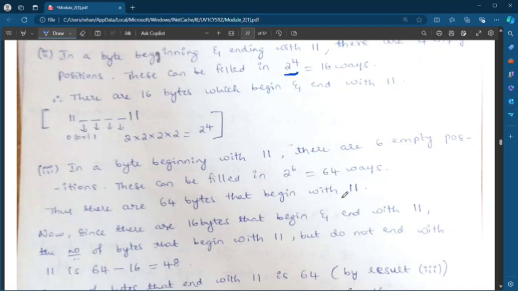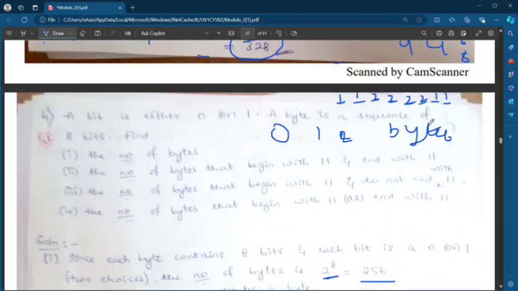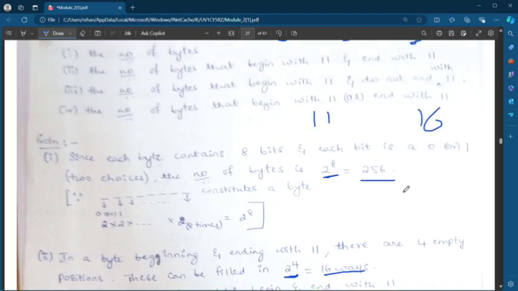But it should not end with 1 1. Okay, so there are 64 bytes that begin with 1 1. Now since there are 16 bytes that begin and end with 1 1, the number of bytes that begin with 1 1 and end with 1 1 is 16, while those which only begin with 1 1 are 64. So 64 only begin with 1 1, and 16 of these begin also and end also with 1 1.